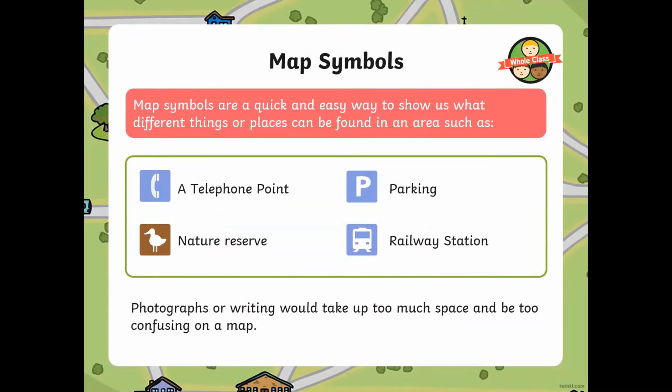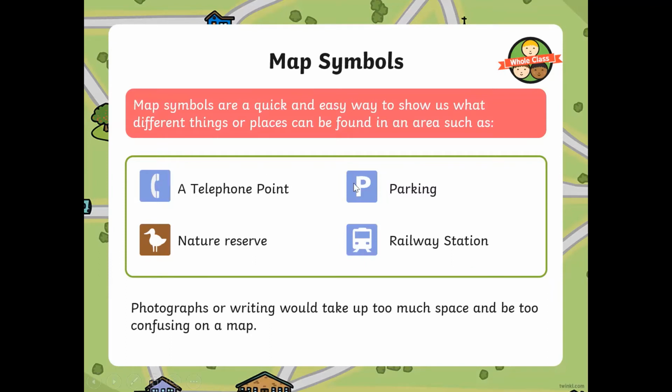Fantastic, well done. So I'm going to explain to you now what map symbols are. Map symbols are a quick and easy way to show us what different things or places can be found in an area, such as a telephone point, and you can see that here.